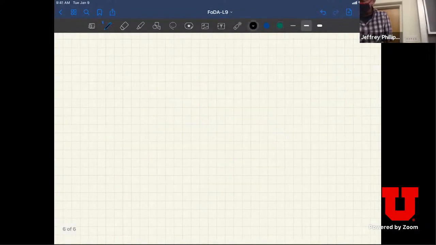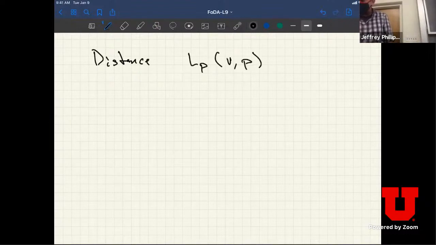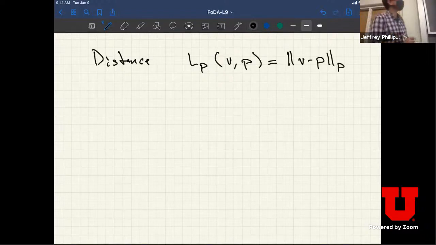Okay, I can also get a distance from a norm. I can call an Lp distance between two vectors, let's say V and P, right? The idea is I can do V minus P here. So I can get some distance in between vectors, right?